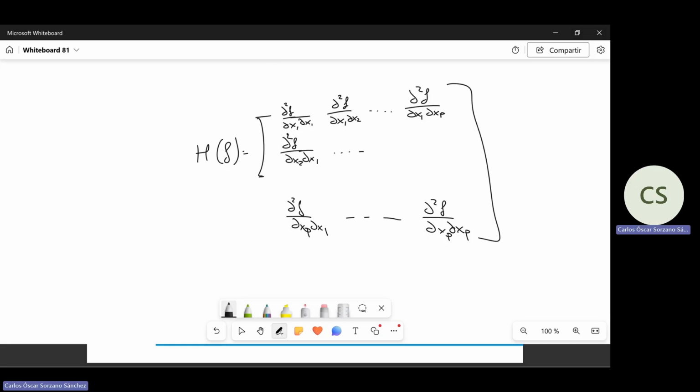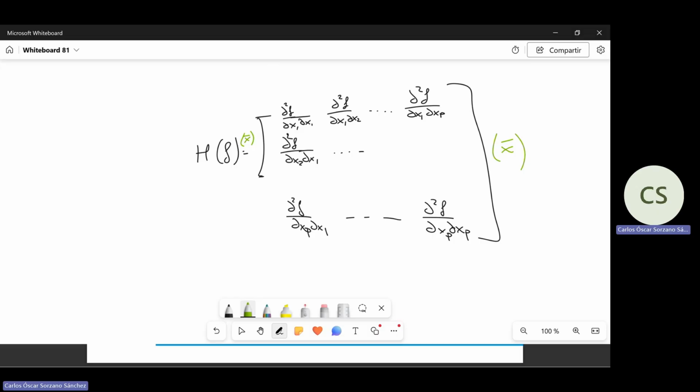You have to evaluate this at a given point. All these derivatives have to be evaluated at that point. And the eigenvalues of that matrix encode how flat or how curved the function is around that point.